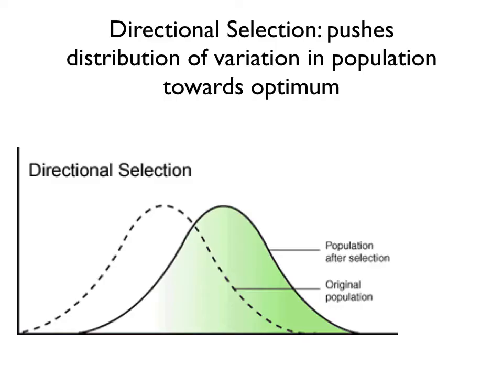Let's look at why we call it directional selection. It is taking the distribution of this trait value in the population and pushing it in one direction. I want you to look first at this dashed line. This is a normal distribution, a curve for how large, how deep, is the beak of every finch on the island.